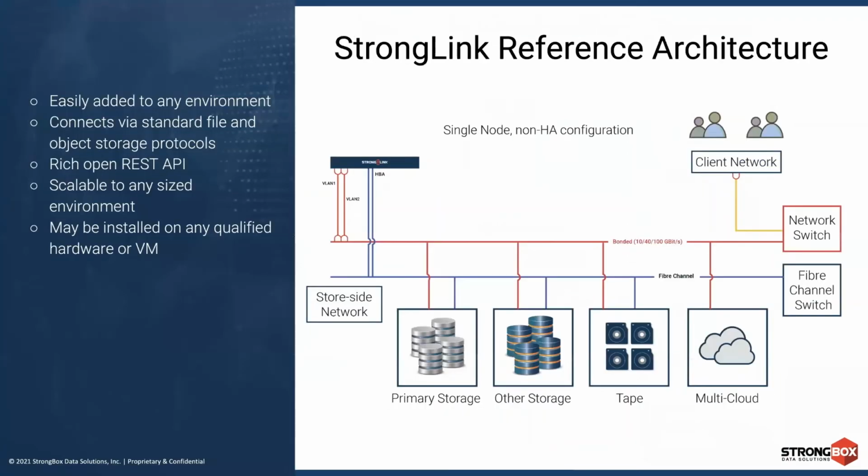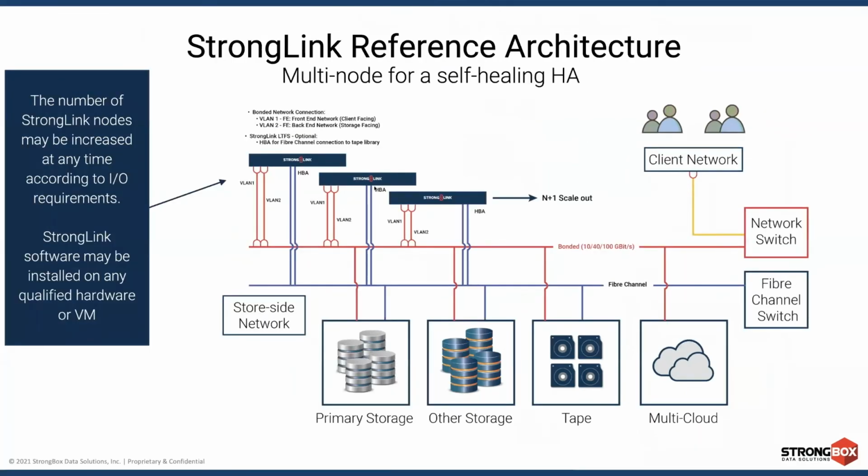StrongLink can start small. It's software that can install on VMs or on customer hardware according to a reference spec that we provide. But it also is a scale-out architecture with no limit to the volume in which it can scale. For example, an HA configuration is 3 nodes, no head node, not like a typical Linux cluster where there's a head node.